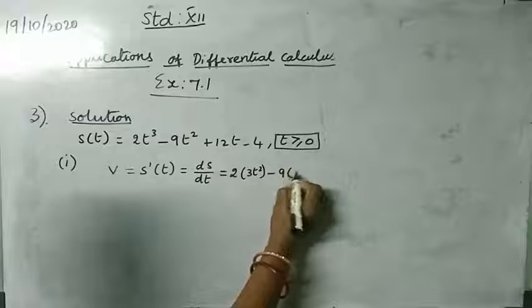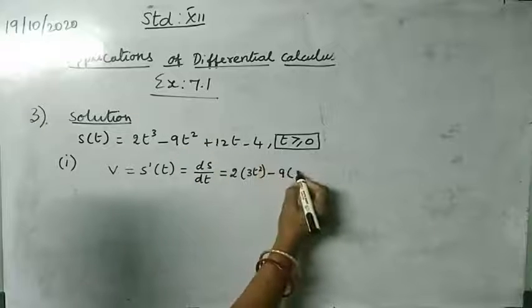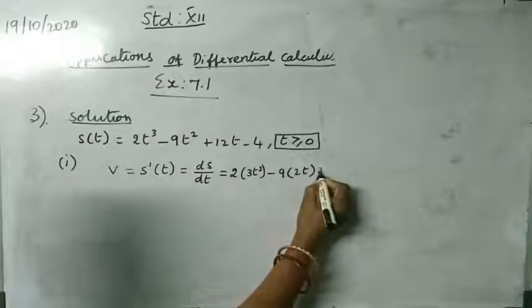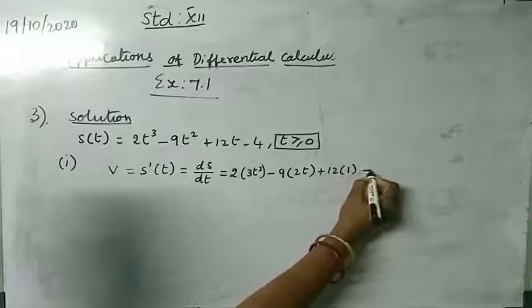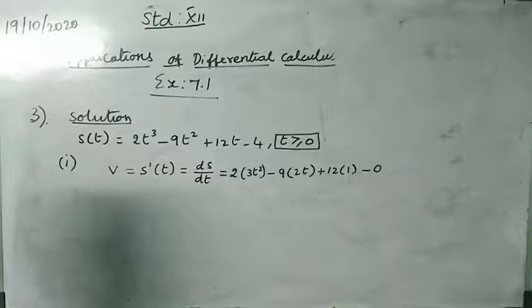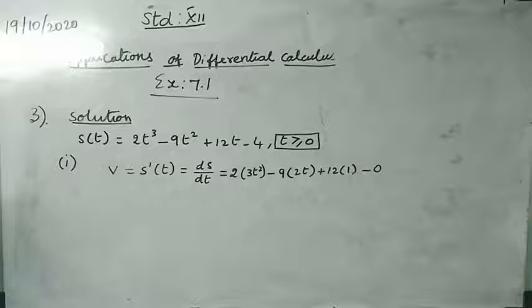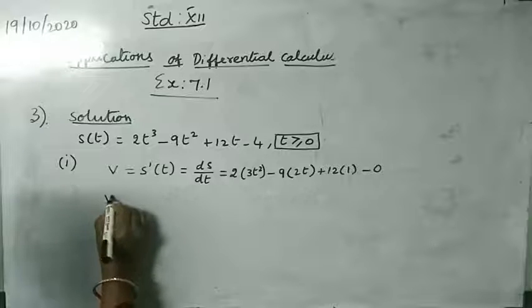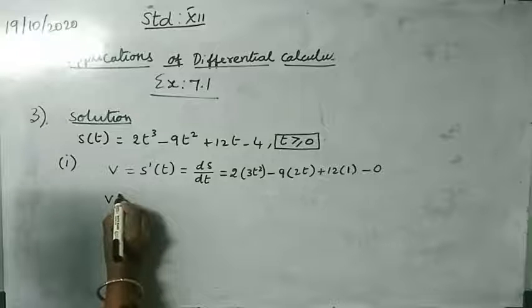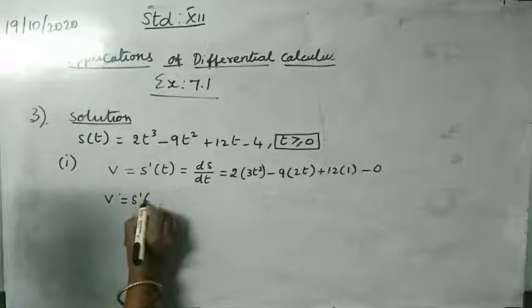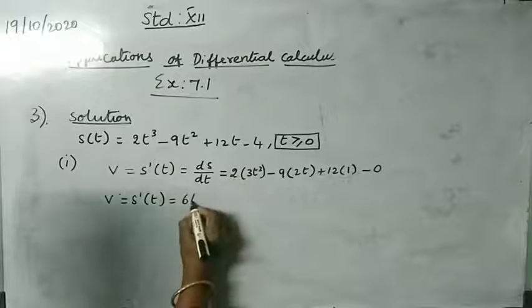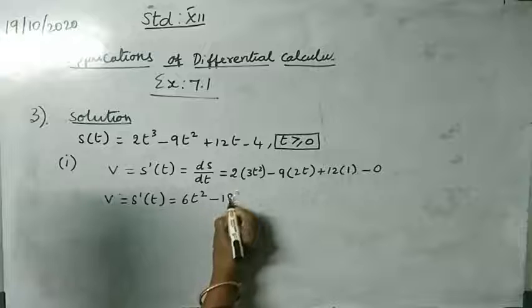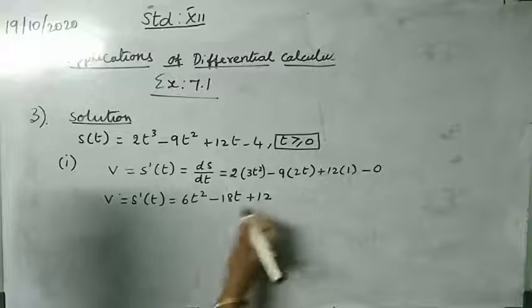Minus 9 into, if I differentiate t square, it is 2t. Plus 12 into t differentiation is 1, and minus 4 is a constant. If I differentiate, it will be 0. So, velocity, that is v of t, is equal to s dash of t, is equal to 2 threes are 6t square minus 18t plus 12.